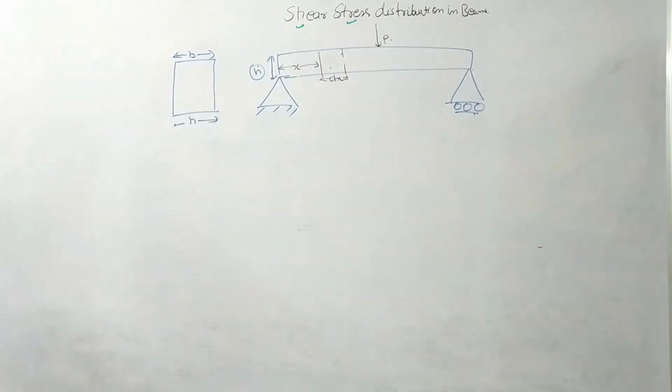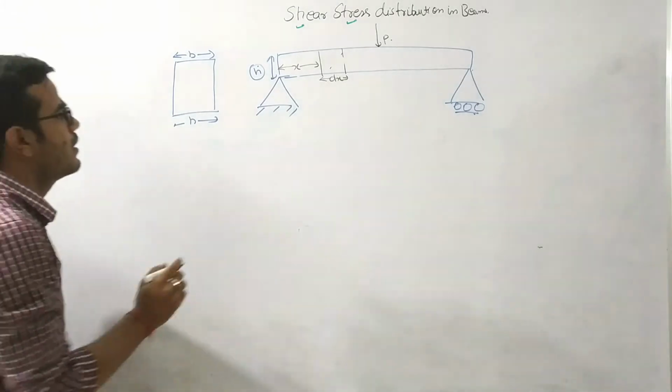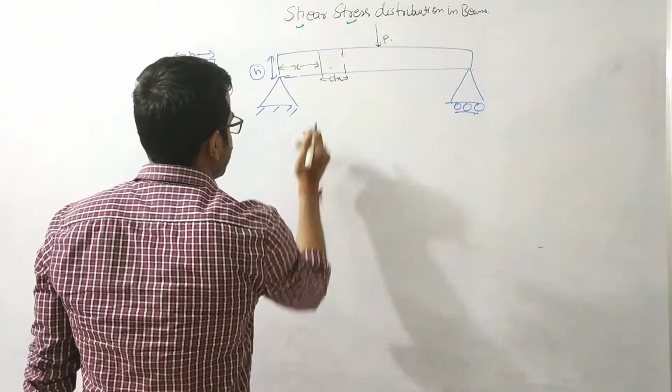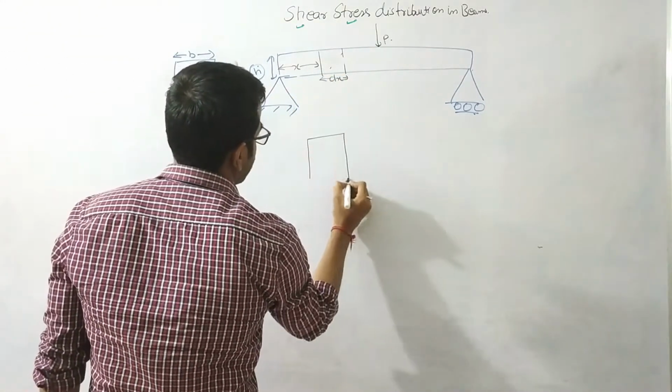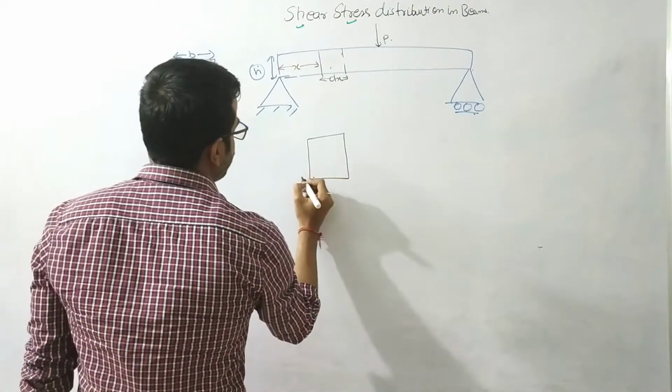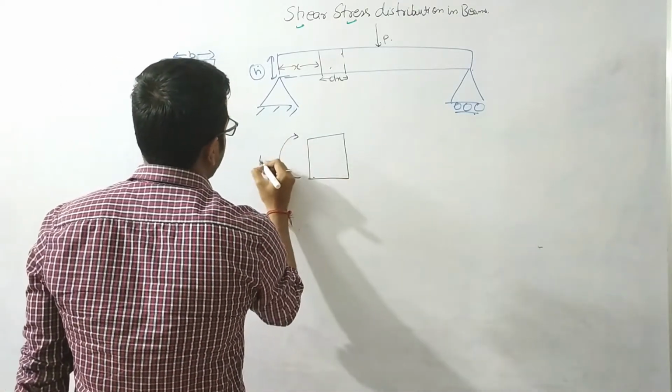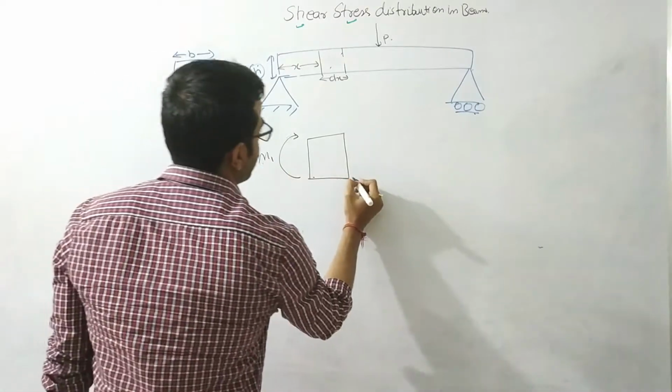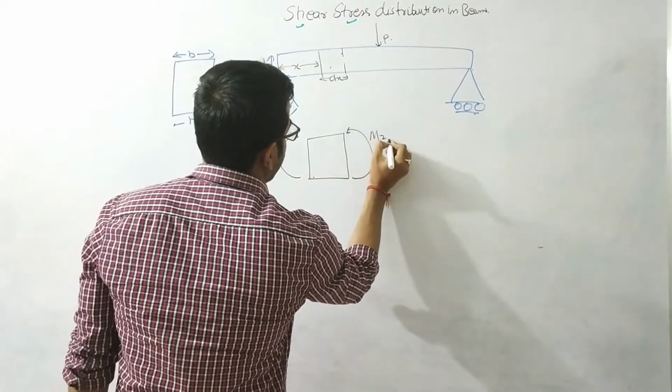If I separate this element, at this portion there will be some moment M1, and at this portion some moment M2.